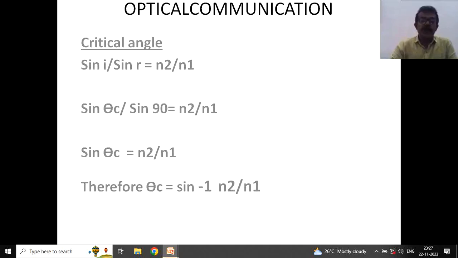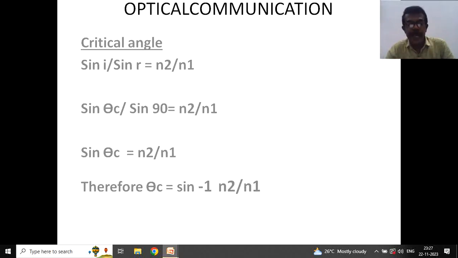So we have two rays. Based on Snell's law, we have sin i by sin r is equal to n2 by n1. n2 represents the refractive index of the second medium. n1 represents the refractive index of the first medium. So I told you, whenever you are increasing the angle of incidence, the angle of refraction will also increase. But at one particular point, it reaches 90 degrees.